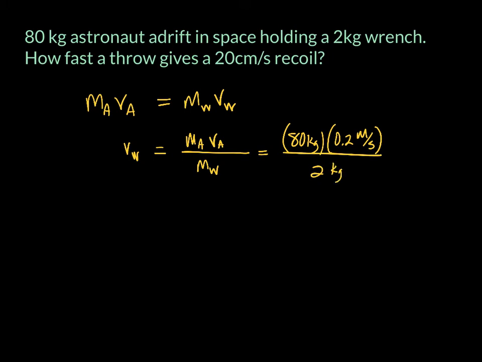And so the kilograms drop out, and the speed of the wrench that I'll get in the end here will just be 80 over 2 times 0.2, or 80 over 80 times 0.1, and so that's 8 meters per second. So the astronaut needs to throw it at 8 meters per second.